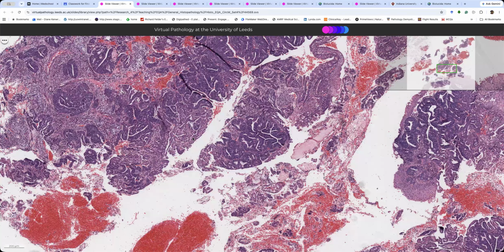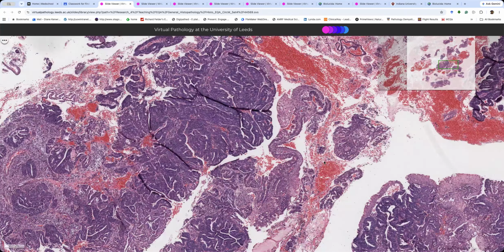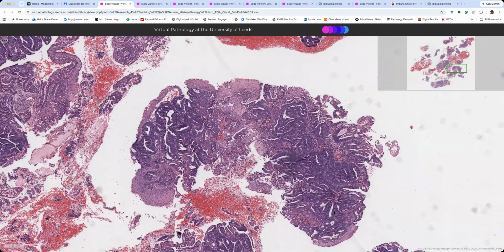If we did a P53 on this, this would be really helpful. This would very much help us tell the difference between serous and endometrioid, because the P53 mutated endometrioids only occur in high grade, and we think that this has got good glandular things. So if it's P53 mutated, it's more likely to be serous. And if it is not P53 mutated, it's more likely to be endometrioid.